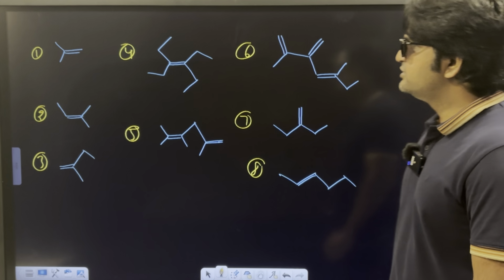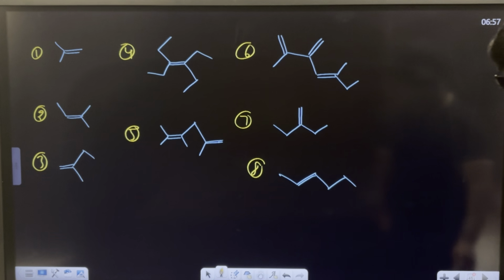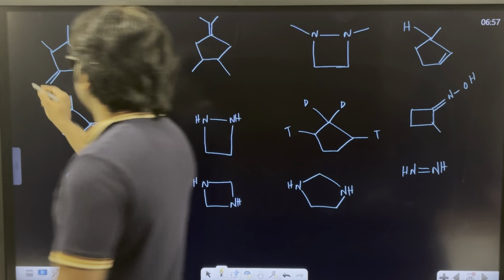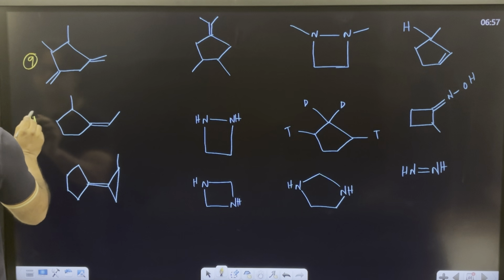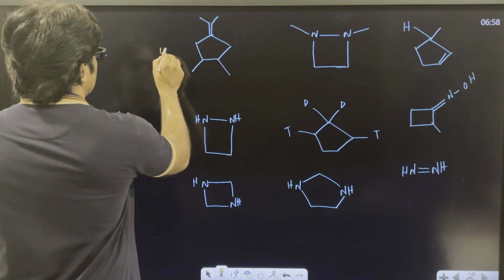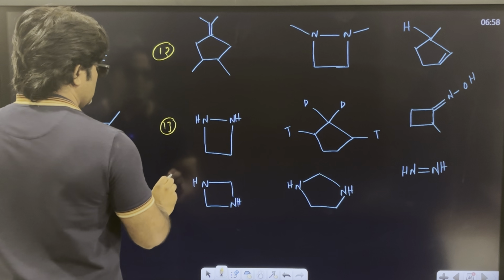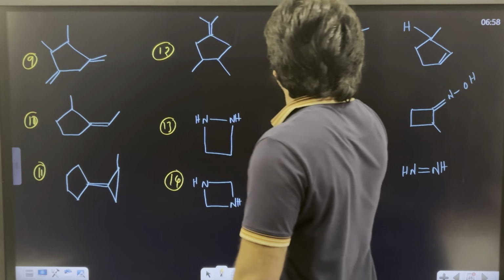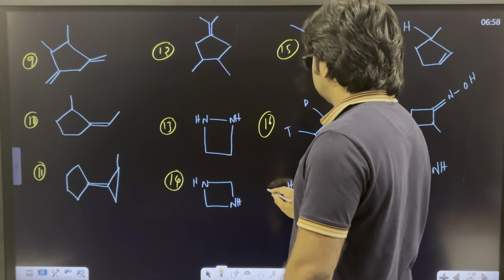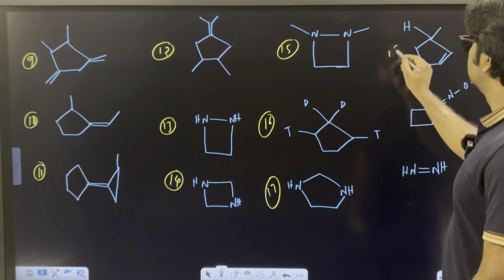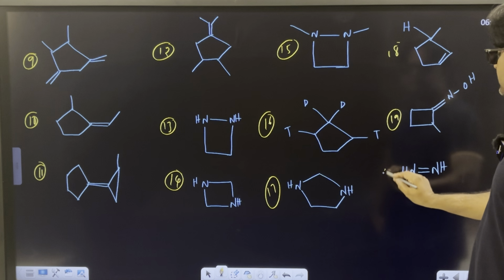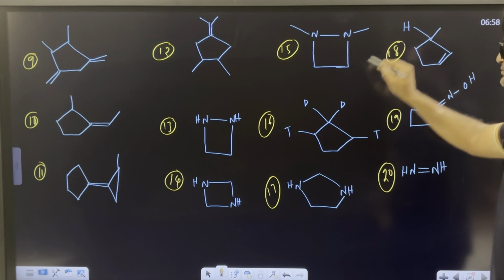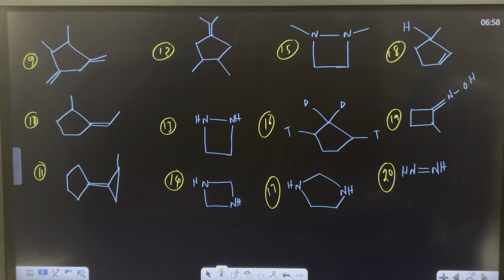Number of molecules which can show geometrical isomerism. Next page, 9 through 20. Twenty molecules. How many of the following molecules will show geometrical isomerism? That is our question.